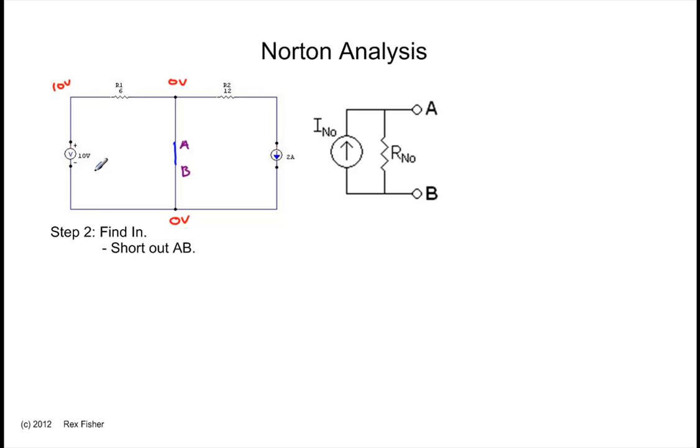That means we have current flowing from the battery through the 6 ohm resistor, and when it gets to this point, because there's a short back to ground, it's going to continue around like this back to the battery.